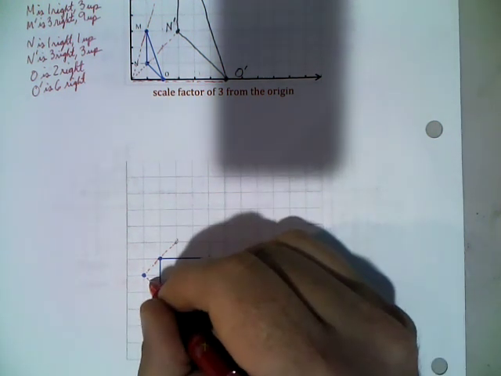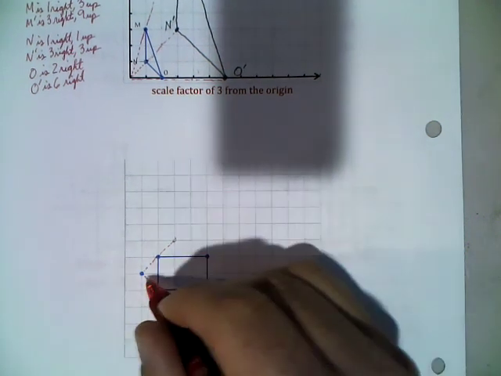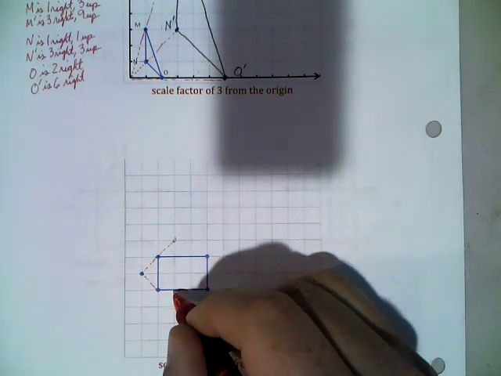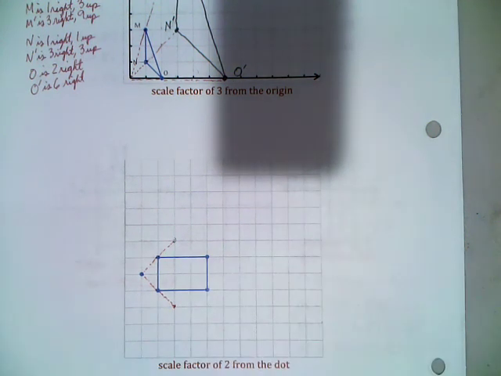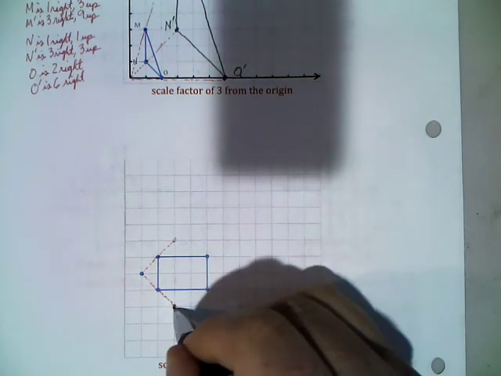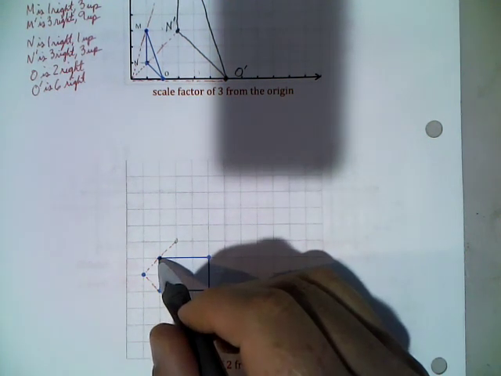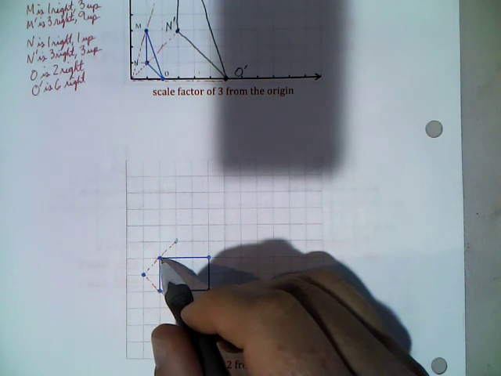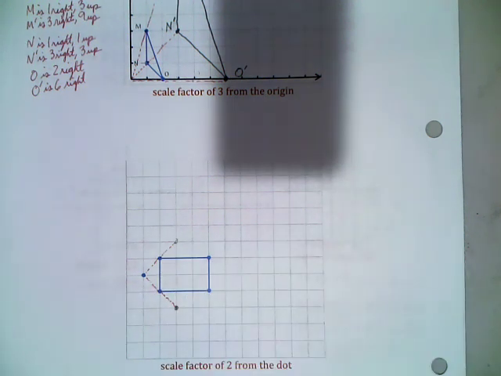Down here, this is 1 right, 1 down. So I want to do it twice. That's twice. Or again, you could look at it as 1 right, 1 up, and then double it. So 2 right, 2 up. Whatever works best for your thinking.